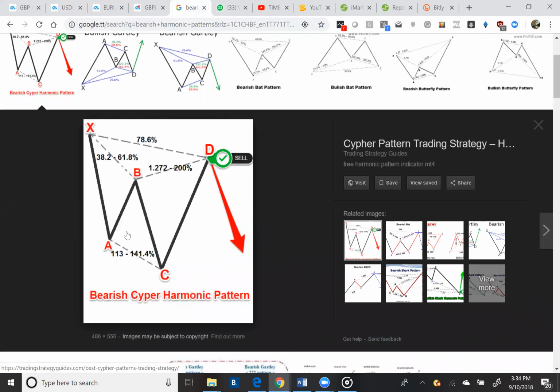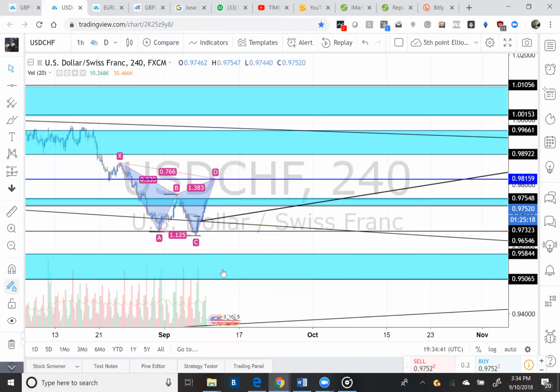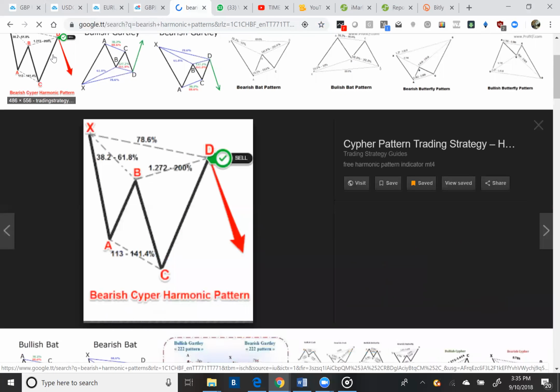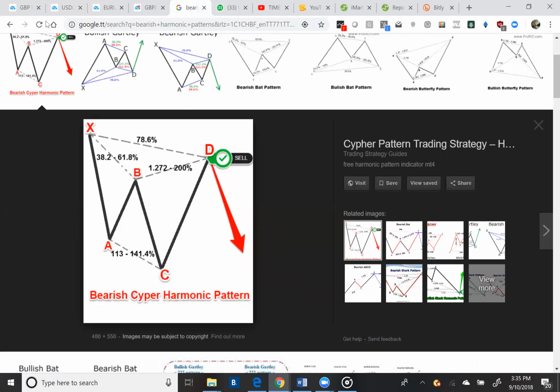Right, then we're looking at A to C must range between 113 and 141.4. That is the case here, right? Then this B to D must range between 127.2 and 200, which is the case.